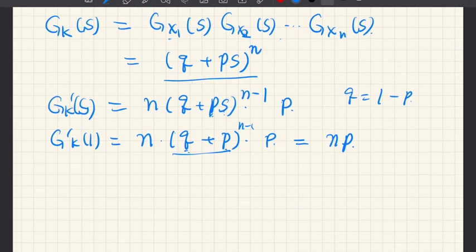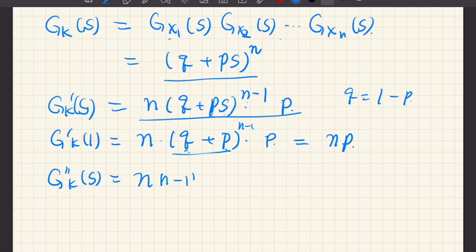And if we differentiate the generating function twice, differentiating this again, we have n(n minus 1)(q plus ps) to the power of n minus 2, times p squared.